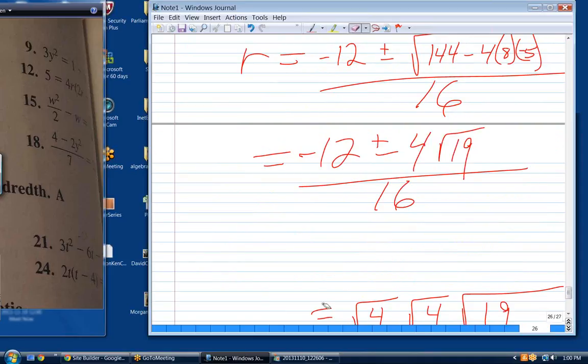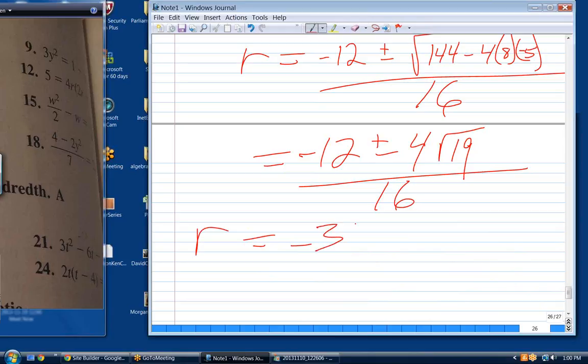And simplify this. X equals negative 3/4, or, sorry, yeah. And then, so 1/4 root 19. Yeah, good. I like that thinking better rather than root 19 over 4.